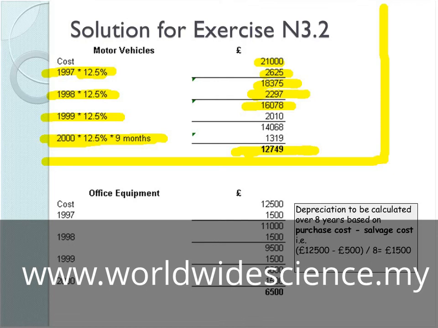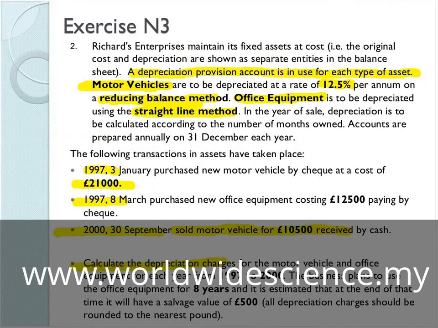Yeah, clear. Yes, right. So let's move to the next asset, which is the office equipment. You remember the office equipment should be depreciated by the straight line method, right?